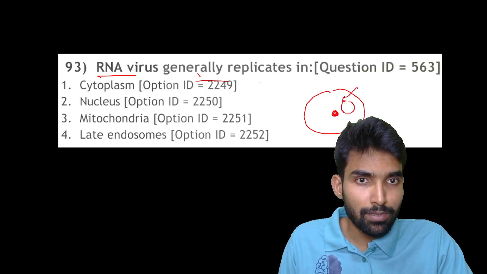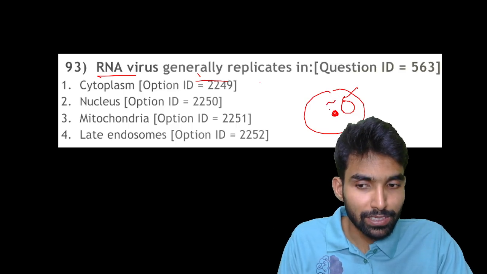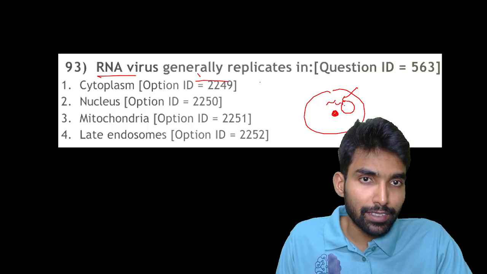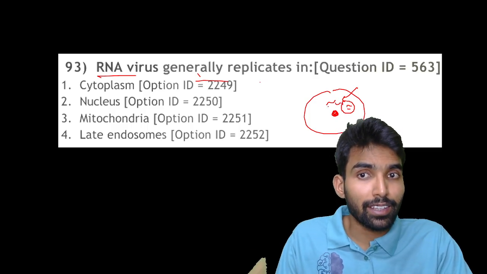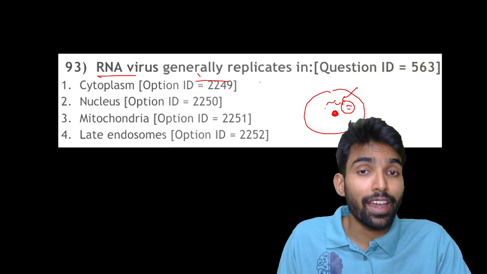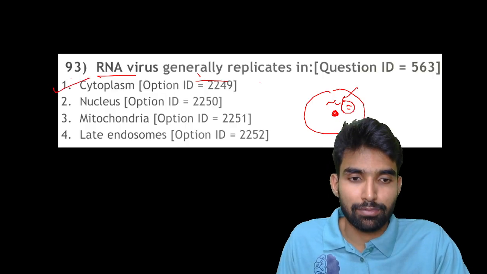Now it's making some protein, the basic protein that's required initially, and then they are replicating in the cytosol. Only some viruses, for example influenza, go inside the nucleus because of the cap snatching and the 8 segmented genome. The correct answer will be the cytoplasm.